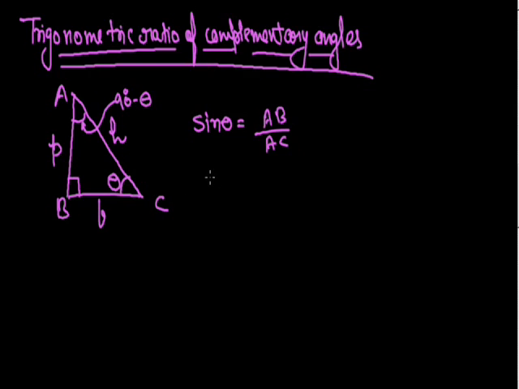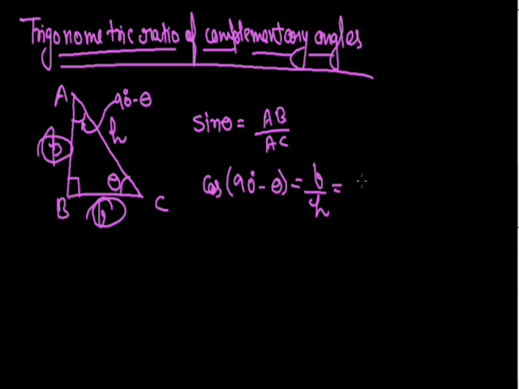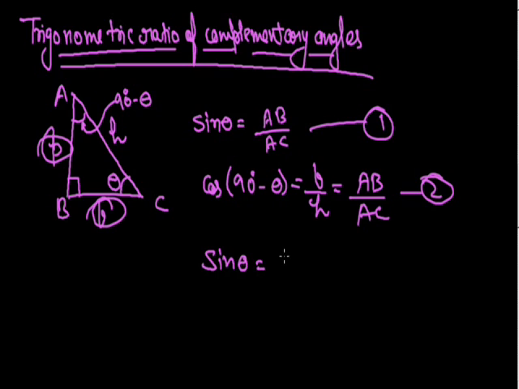So cos(90 − θ) is given as base upon hypotenuse, which is AB upon AC again. From equations 1 and 2, we can see that sin θ is equal to cos(90 − θ).